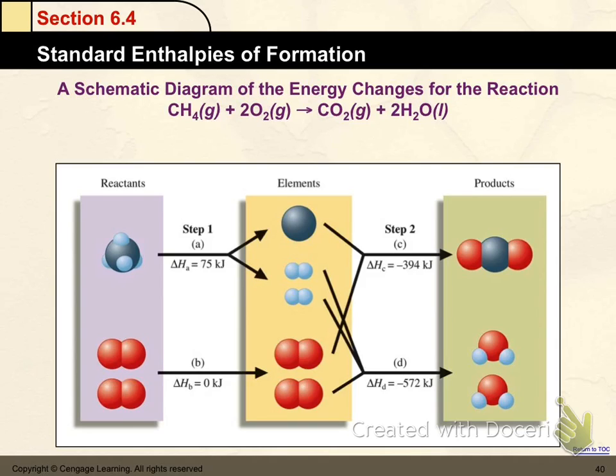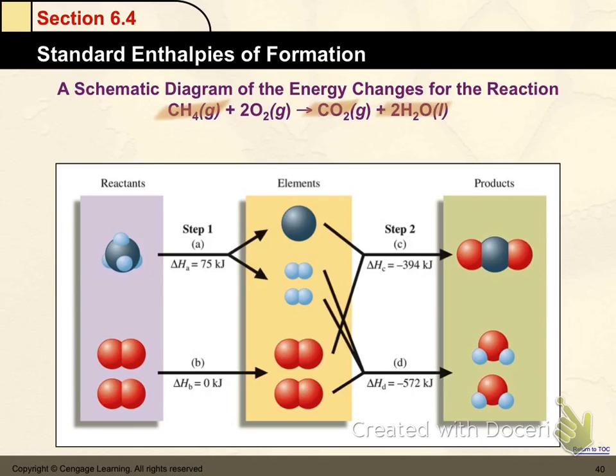What I didn't tell you in that chapter is that if we were to happen to know the standard enthalpies of formation for all of the compounds involved, and I don't highlight O2 there because it is elemental, we can actually really simplify that Hess's law process.